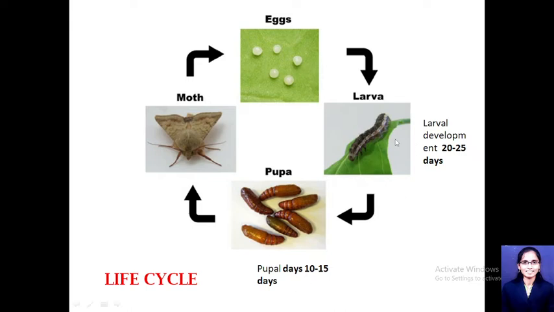After development, that larva will go underground for pupation, and that pupation period will remain for 10 to 15 days. After the pupal period, the adult will emerge out. It will try to fly, and then the life cycle will continue.